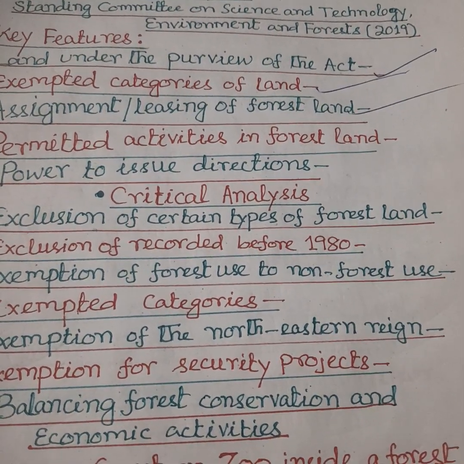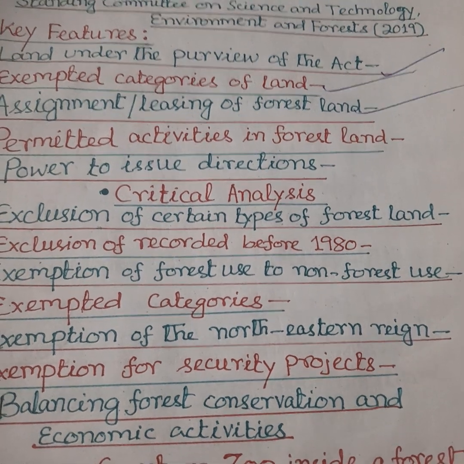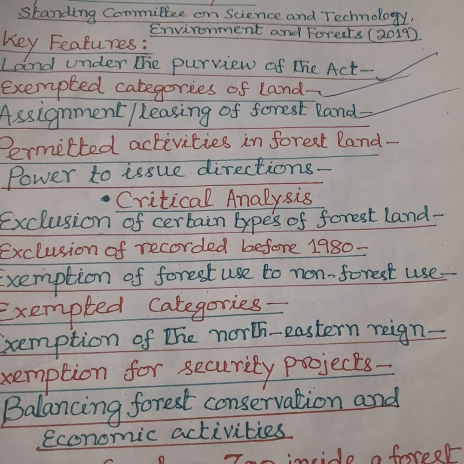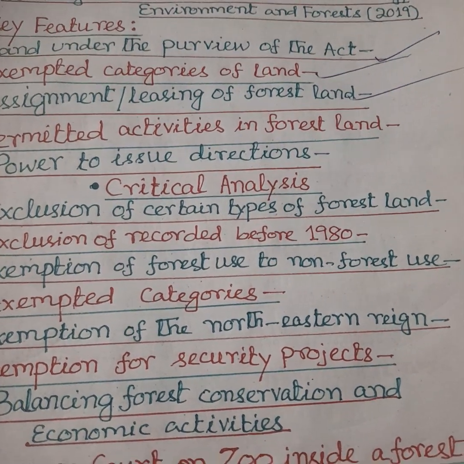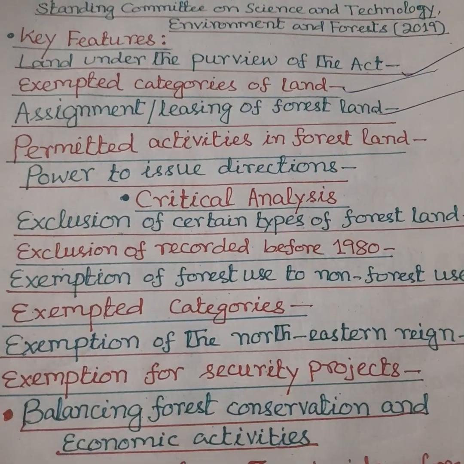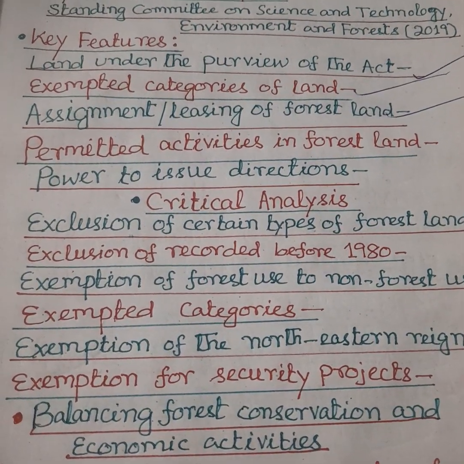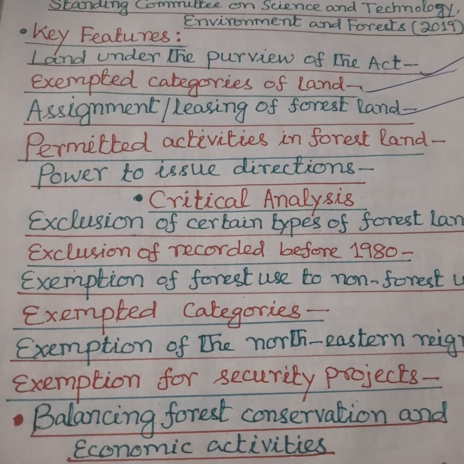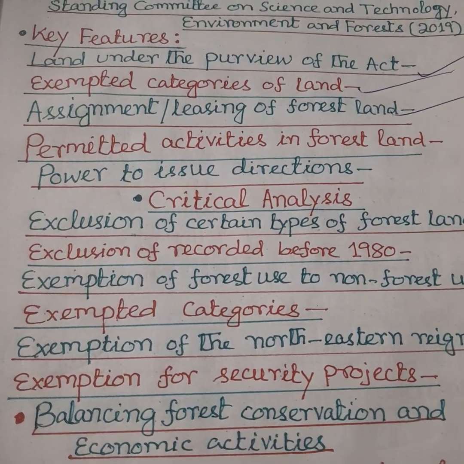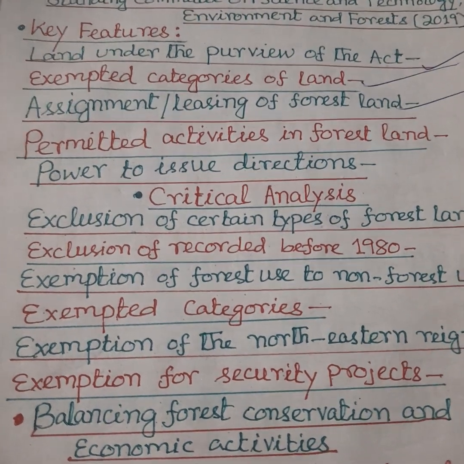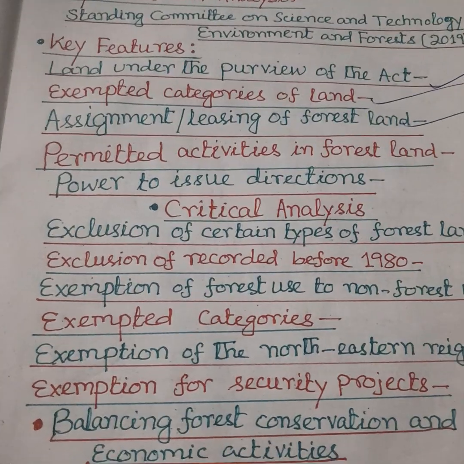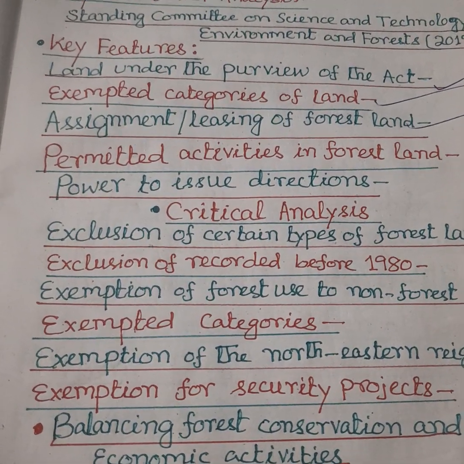Generally, monoculture is practiced in compensatory afforestation, which leads to biodiversity loss. And it is a kind of violation of constitutional rights, as we found that the provisions of exemption without the consultation of local individuals violate the Forest Rights Act 2006, the Panchayat Act, and the constitutional provisions for the scheduled tribes.